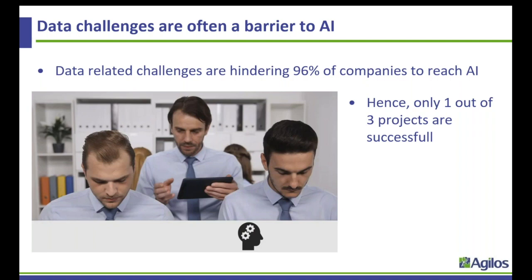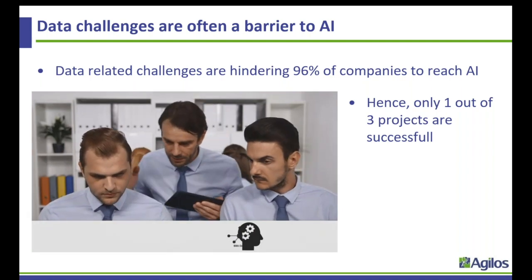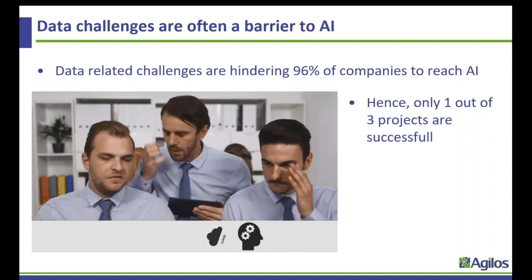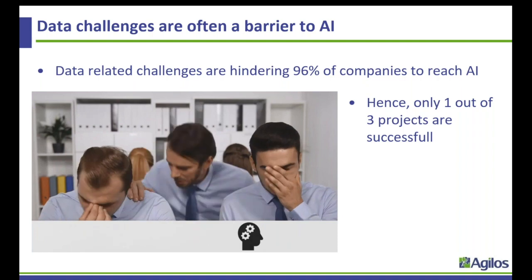Actually, more than 96% of the companies, which a study showed, struggle to reach the next level of interactivity, which is the artificial intelligence. So the big difficulty there is that most of the projects that are actually trying that need data are not successful because of this data challenge. So this is really something that is becoming critical in many organizations.